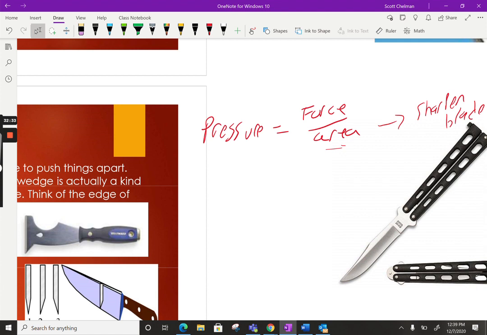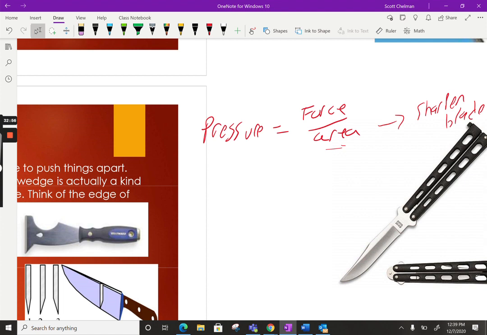So if I was giving, I guess CJ's going to have to give the shot to Bella. If I give a shot to Ella, then if this is dull, if the area is bigger, so what do I have to do? You have to increase what?